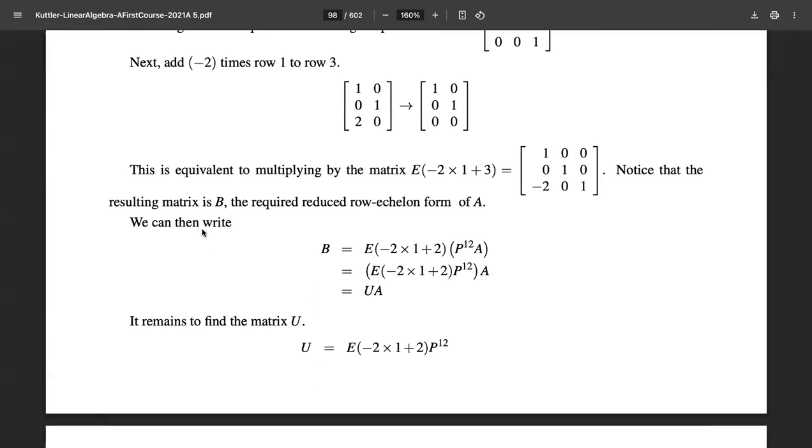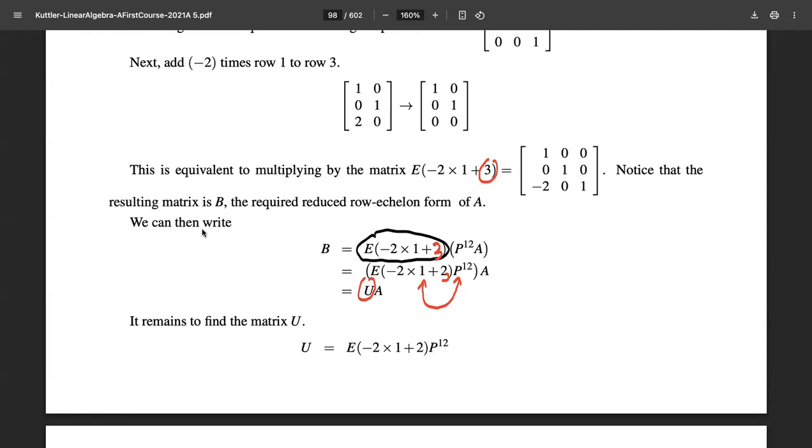Then we have this. There's a typo here, so this should be 3. When we multiply these two matrices, we will get U, because we want U to be the product of elementary matrices.